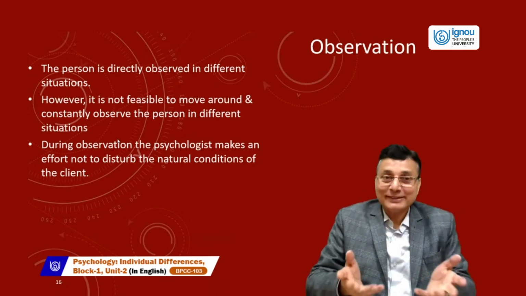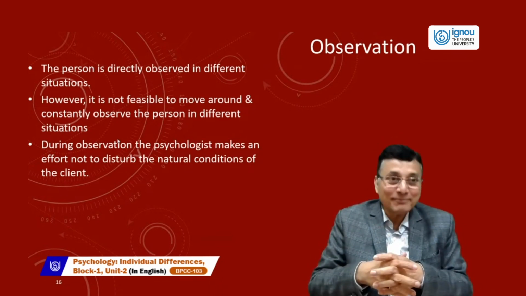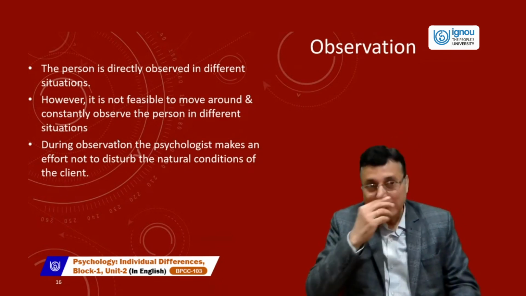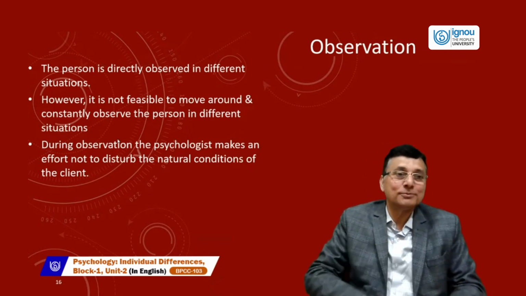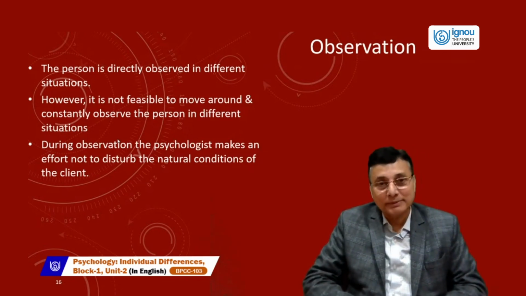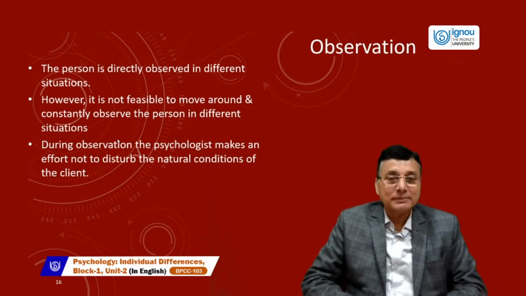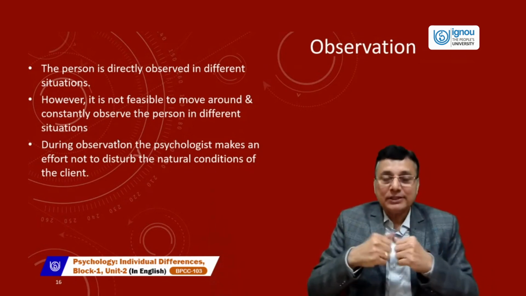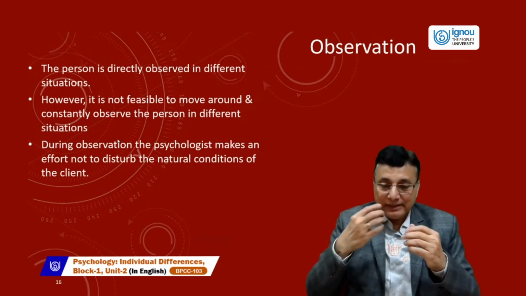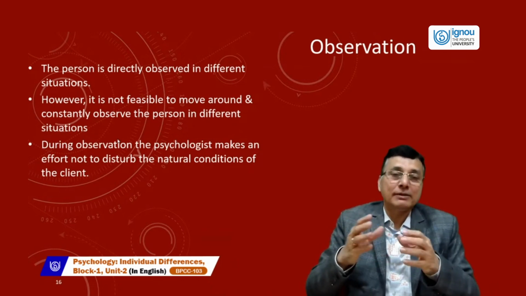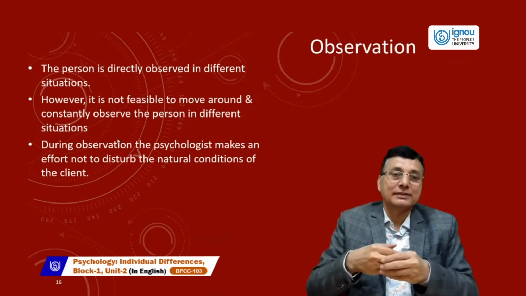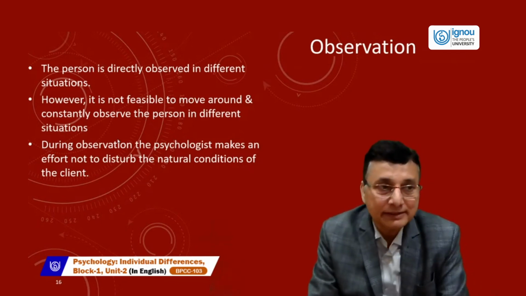But as I told you, it is not possible for a psychologist to observe like this. Sometimes it's not feasible to move around and constantly observe the person in different situations. So observation is possible in a school setup, or when the child is in any custodial care, or when a person is admitted in a hospital. There only the observation is possible.